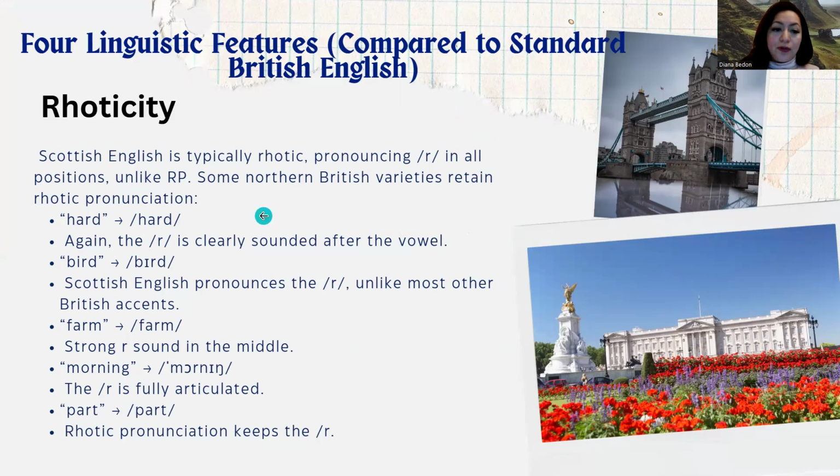For example, hard: the R is clearly sounded after the vowel. Bird: Scottish English pronounces the R, unlike most other British accents. Farm: strong R sound in the middle. Morning: the R is fully articulated. Part: rhotic pronunciation keeps the R.